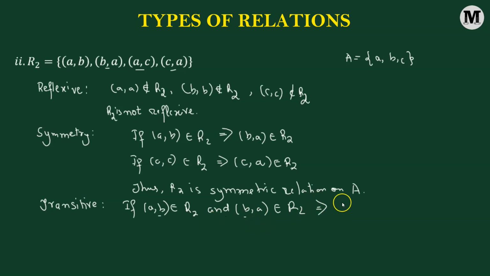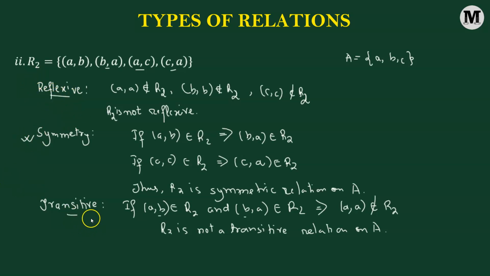Then this must imply that A comma A must belong to R2 as well. However, this does not belong to R2, and it tells us that R2 is not transitive. This is not a transitive relation on the set A. So here we have shown that the relation R2 is only symmetric. It's neither reflexive nor transitive.